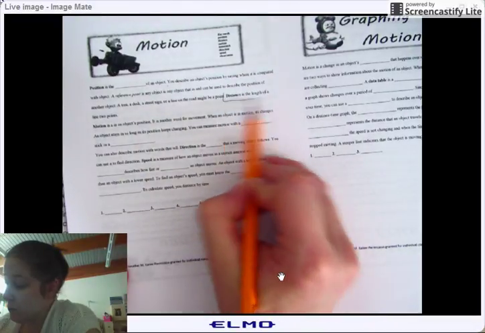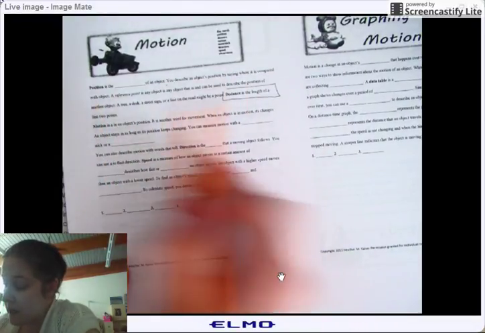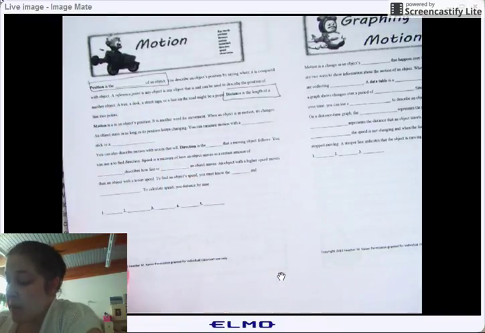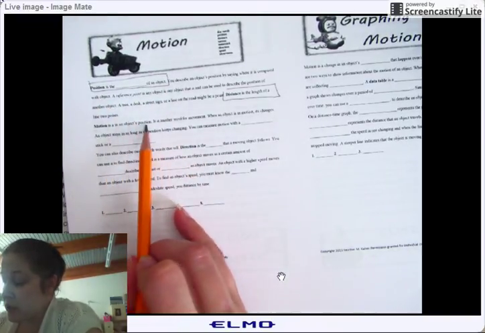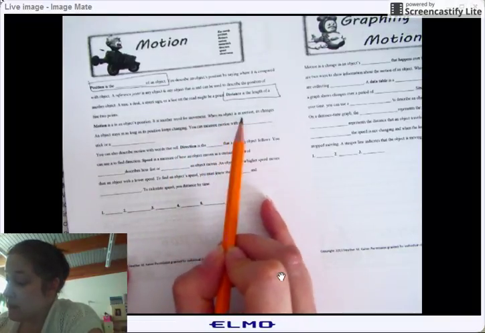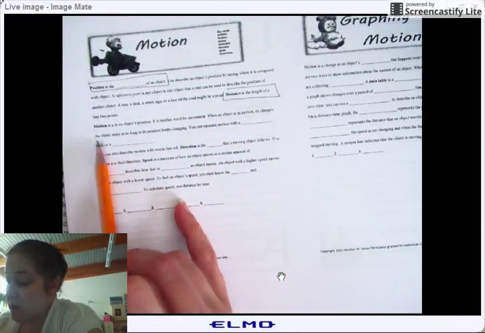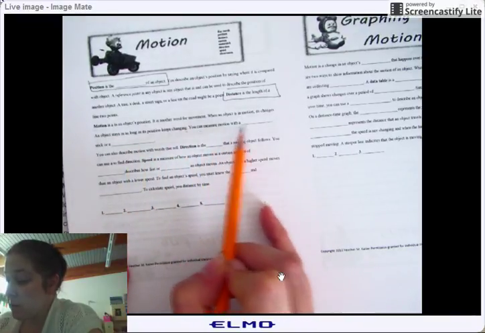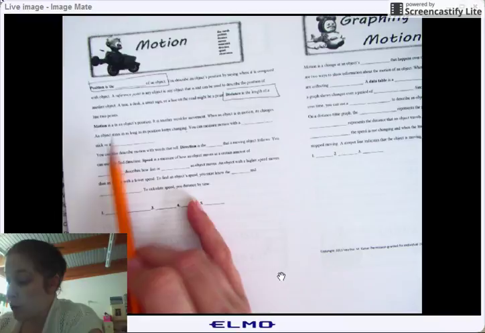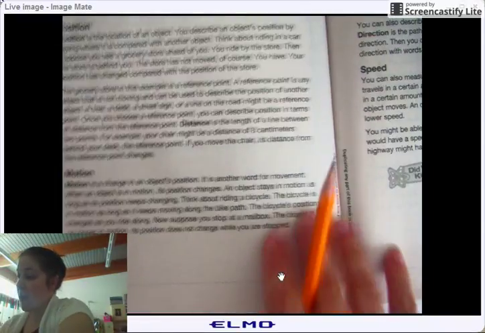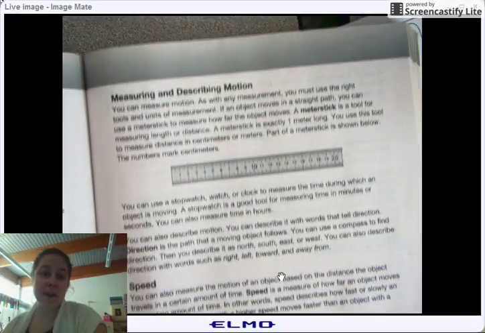If I were you, I would be boxing certain keywords here. Motion is the change of an object's position. In other words, it is another word for movement. When an object is in motion, its position changes. An object stays in motion as long as the position keeps changing. You can measure the motion with a blank stick or a blank. And right here is where we're going to find that answer.